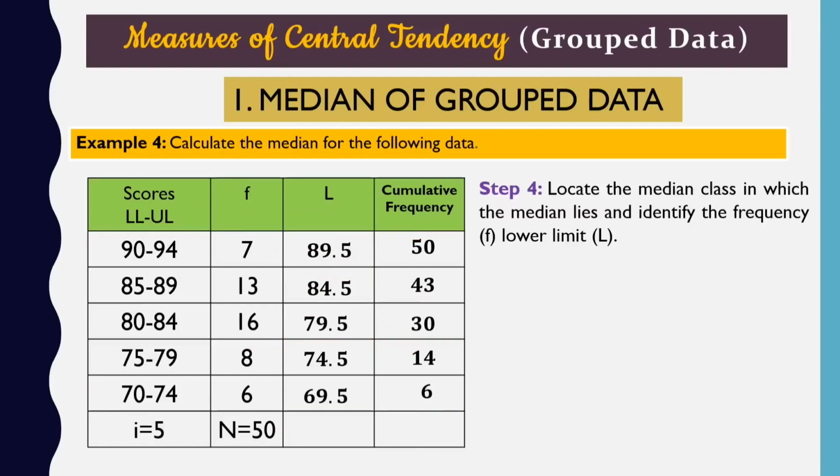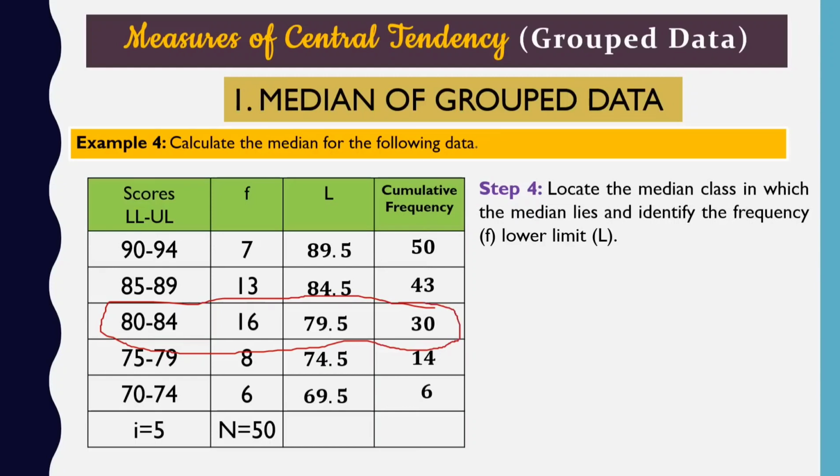And for step 4, we locate the median class in which the median lies and identify the frequency and lower limit. We have solved the value of the median class a while ago, and the value is 25. Okay, so 25 belongs in this interval.